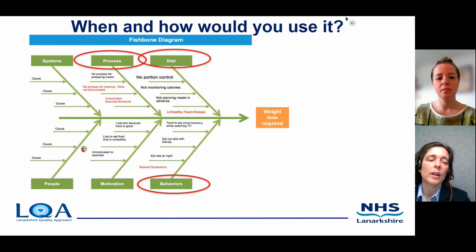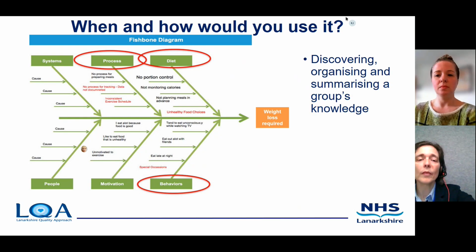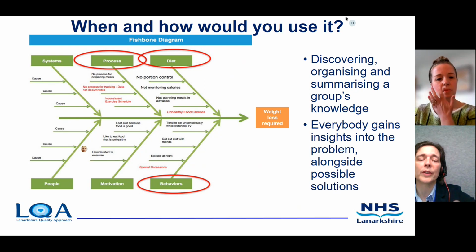We've also got here, you can put in people as a theme, and motivation as well. So every kind of problem can be analysed. What you would do is pick one of these ideas and run a test of change, thinking, right, I'm going to change that one and see if it actually causes weight loss.